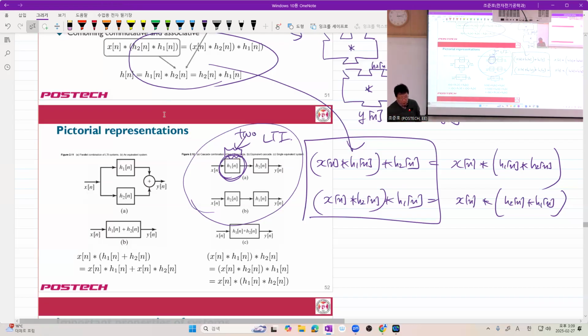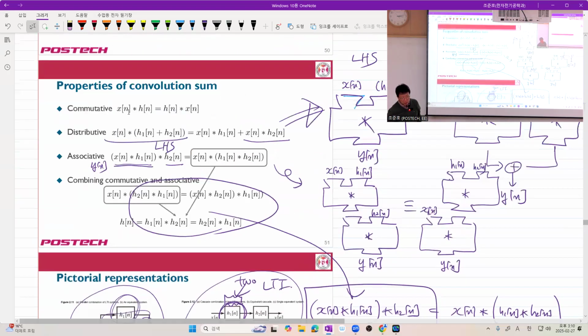Anyway, by the way, what about this one? You have two parallel systems whose outputs are added. And these two parallel subsystems can be just combined into a single system. What does that mean?